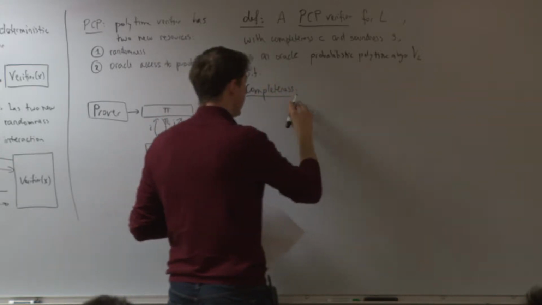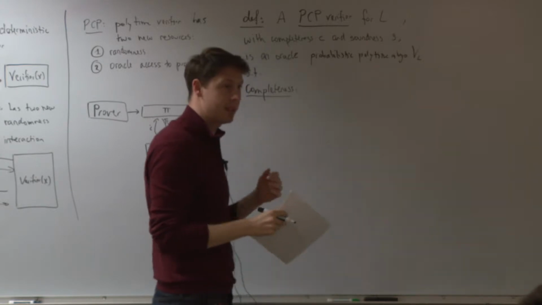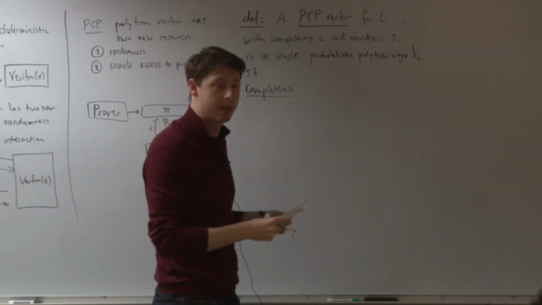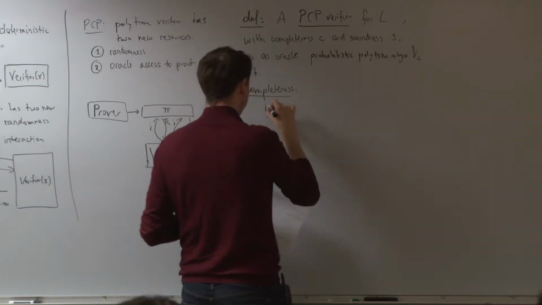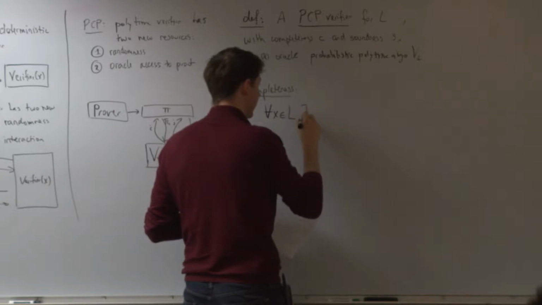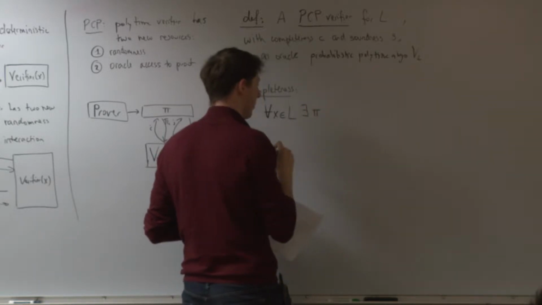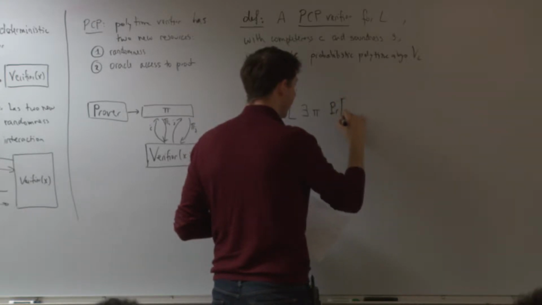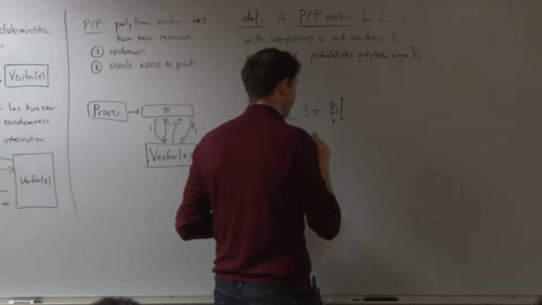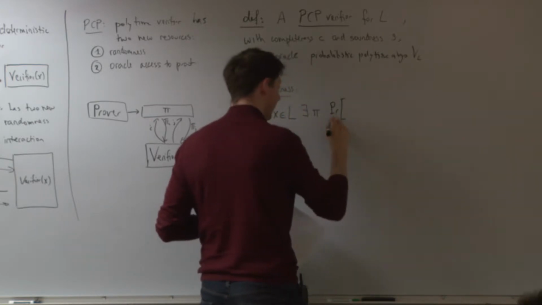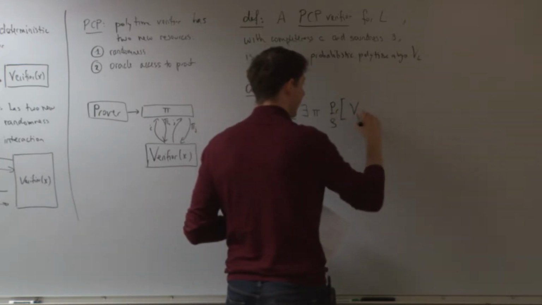So, completeness. Okay, so let's try to write it down. So we want to say that when the theorem is true, everything goes fine, okay? So I'm going to say for every x in L, there exists some sort of proof string pi, okay, such that the probability, now we're going to make the randomness of the verifier explicit. So here it is. Now you have the verifier, okay?